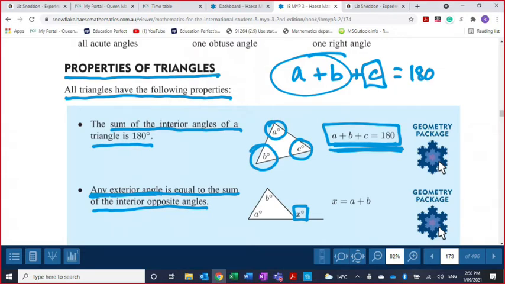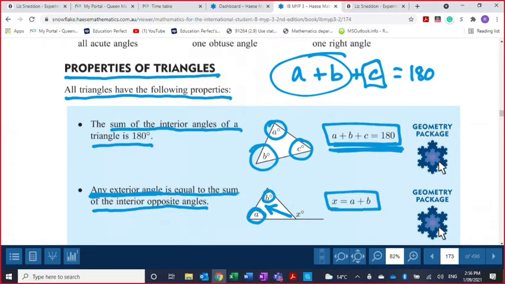It's on the outside. Now, it could just as easily have been on a line somewhere else. You could extend this line, and that's an exterior angle. That's an exterior angle. So there are 3 exterior angles as well. And then you could be looking for this one, but their opposites are going to be the same. So anytime you have a case like that, as long as you know the 2 angles on the inside that are on the opposite side from the exterior angle you're looking for, then you can simply add those together.